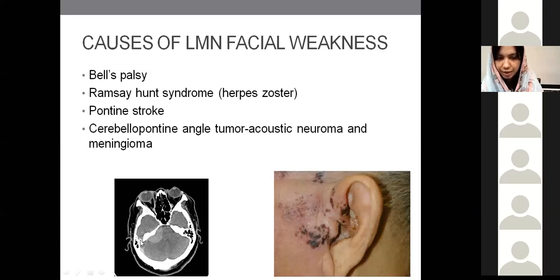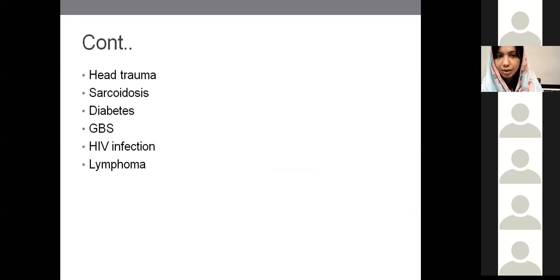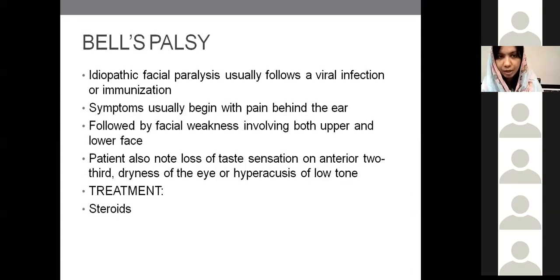You can appreciate here that this is the meningioma, a cerebellopontine angle tumor. Other causes include head trauma, sarcoidosis, diabetes, and GBS. In GBS, you might find bilateral facial nerve palsy. Also HIV infection and lymphoma.